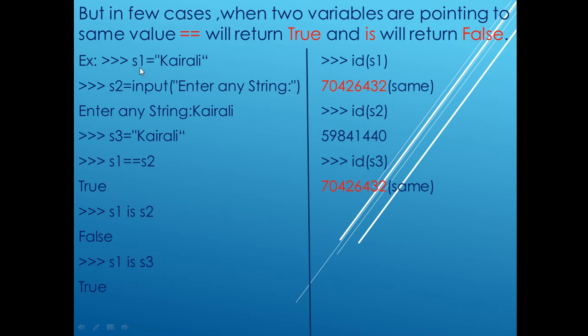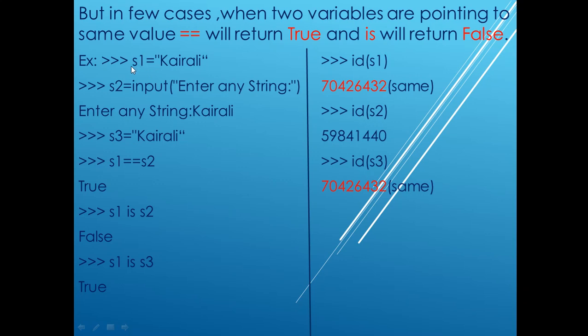So in that way S1 as well as S2 both have the same literal, and this literal is a string literal, the Kerali value in S1 as well as again in S2. So both S1 and S2 are the same. And the third variable I have taken is S3 equal to Kerali. Whenever there is an equal to symbol, you need to think that now some value is going to be assigned to the variable.